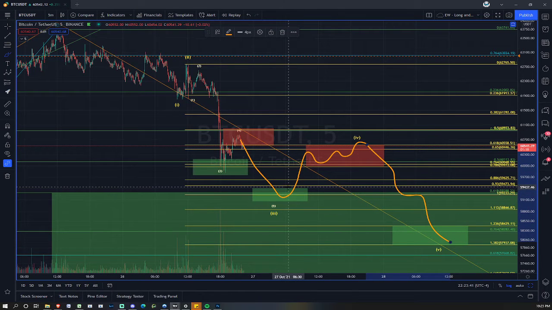So if we can get to 59-ish and remain below 61, I'm going to write this down so I can put it in my summary. Then we should get another move down into the sort of 58, low 58K region.